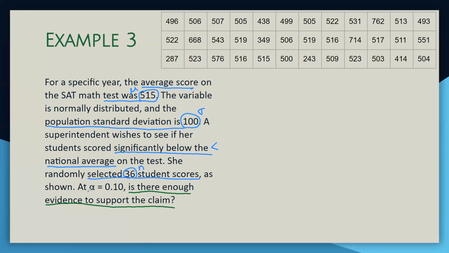And then they give us our level of significance, 0.10. You'll notice no sample mean, no X bar here. And that's because they've given us a list of raw data. So when we run this test, we're actually going to run it a little bit different. But let's write this down. I'm using the p-value method. So 4 steps. First is the claim. We're going to state our hypotheses.